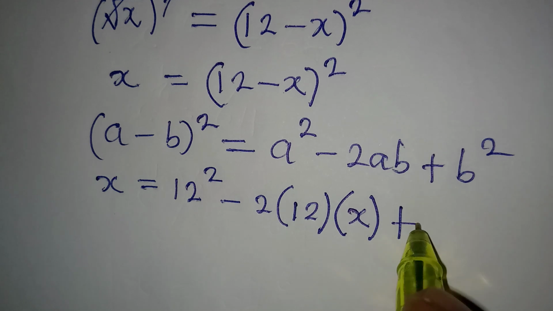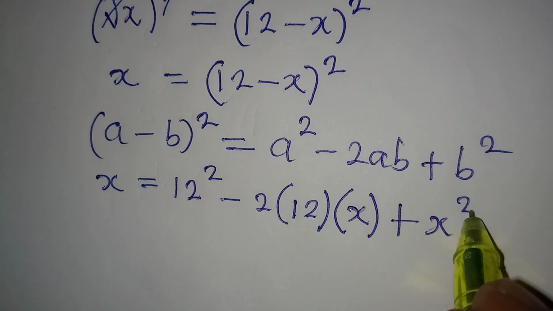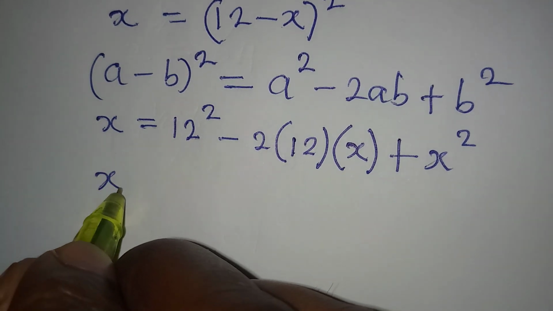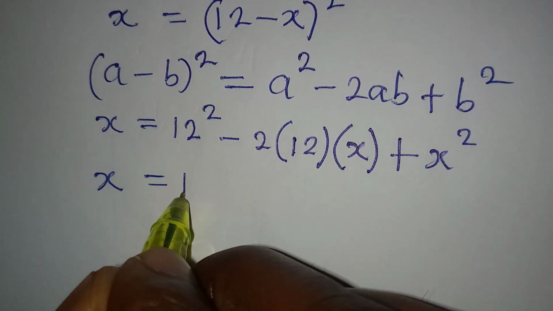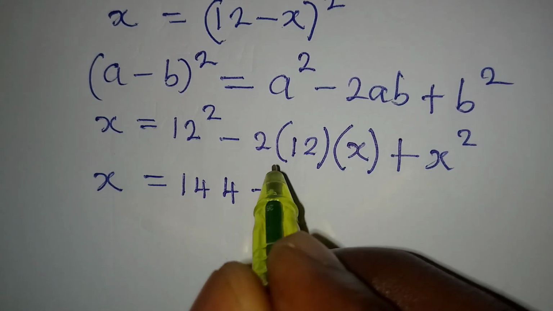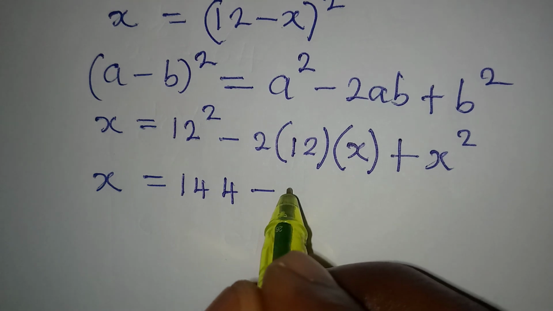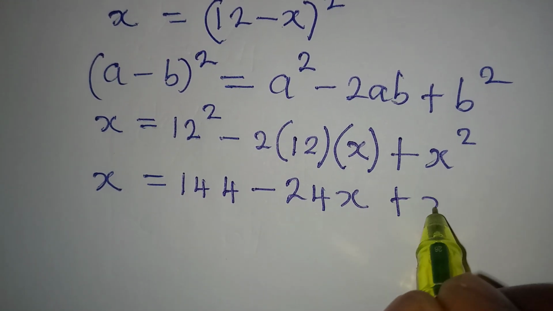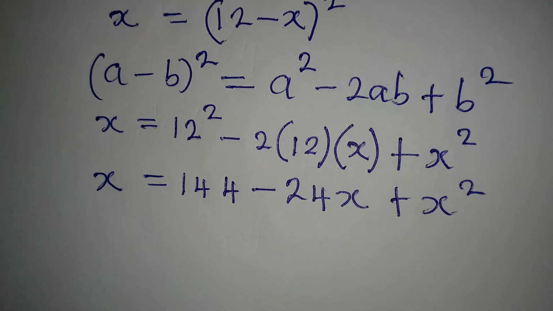Then plus b squared, which will be x squared now. To continue with this, we shall have x to be equal to 144, that's the square of 12, then minus 2 times 12 times x will give us 24x, then plus x squared.